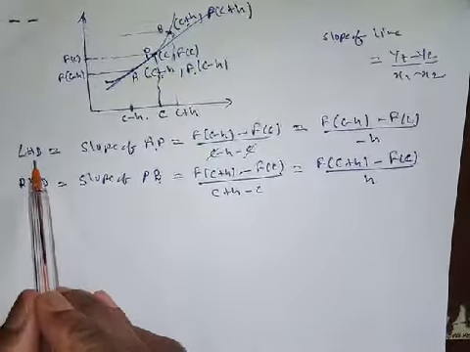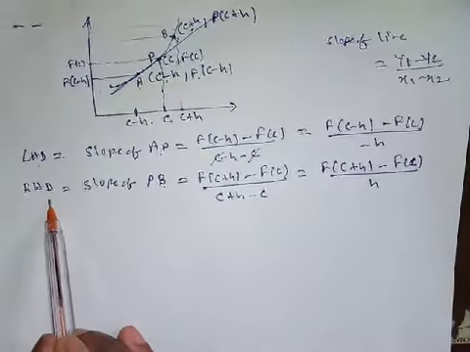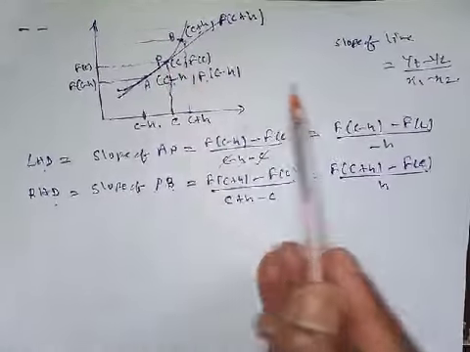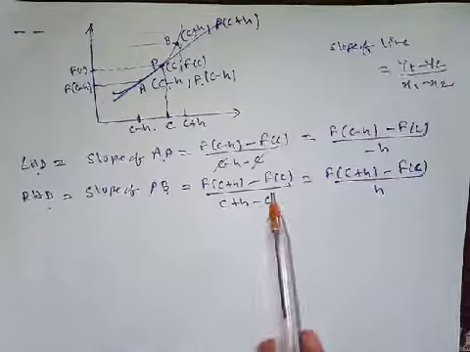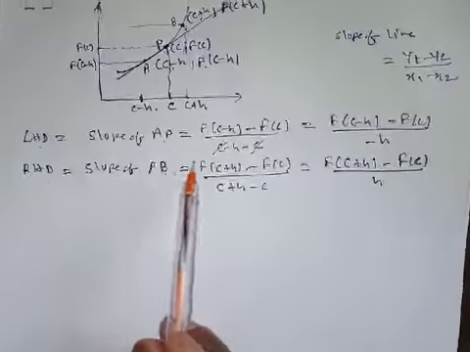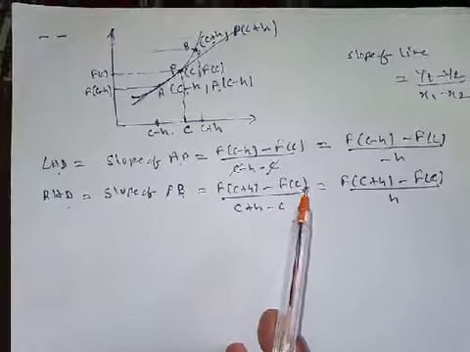So right hand differentiability and left hand differentiability are nothing but the slope of a tangent at a point. So differentiability is nothing but the slope of a tangent at a point.